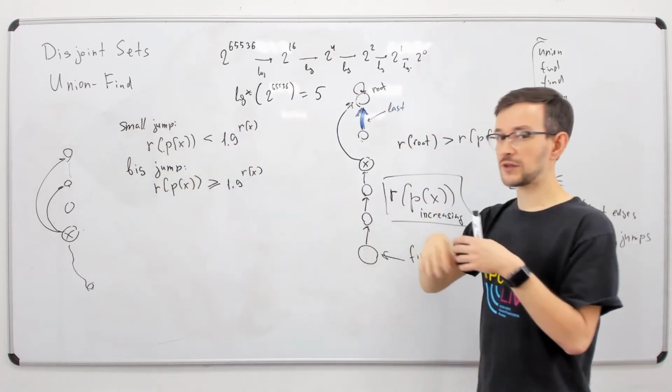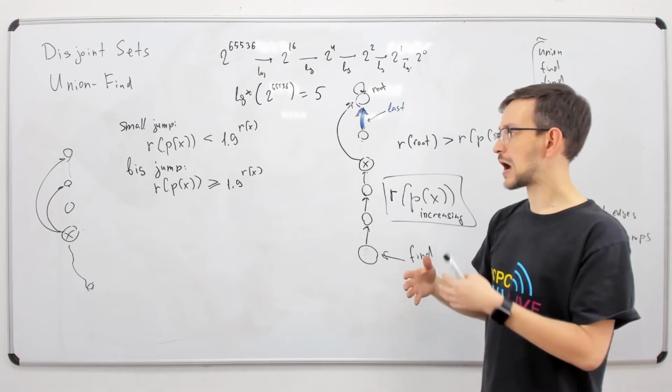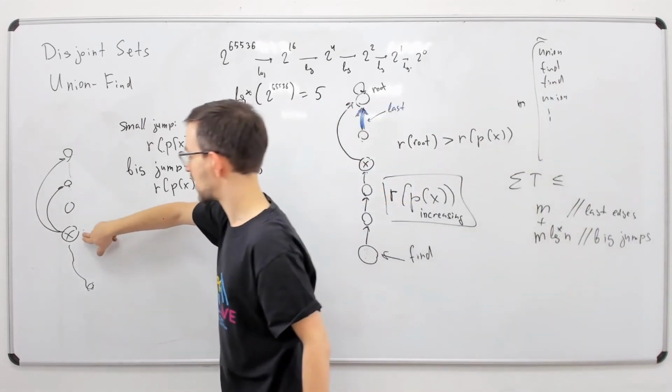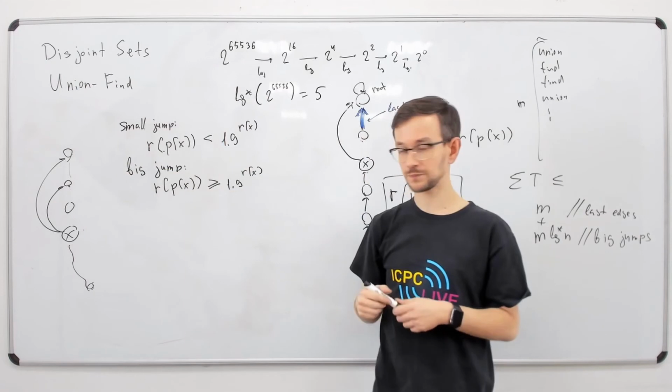So let's calculate the number of such operations after which this jump from x to its parent will become a big jump.